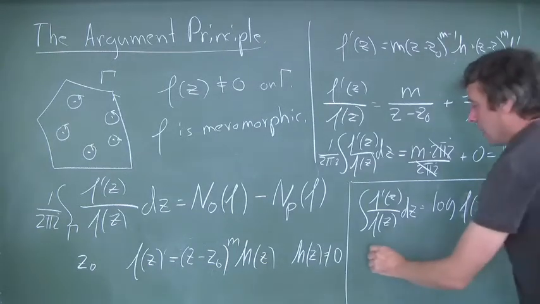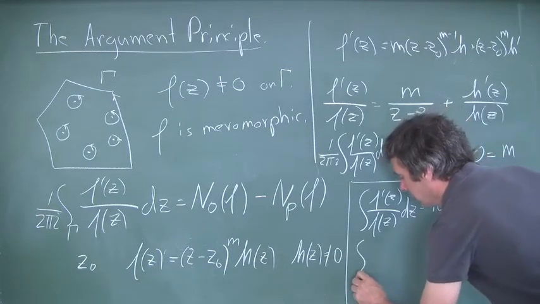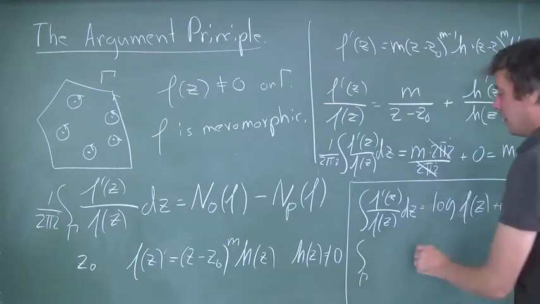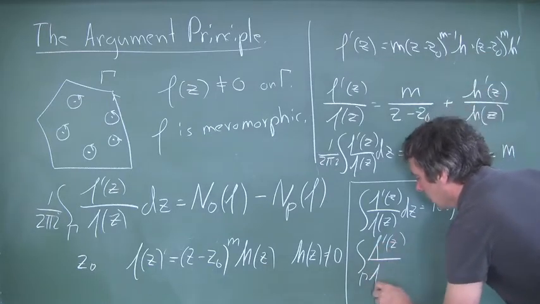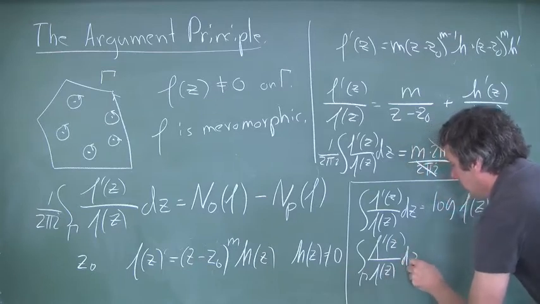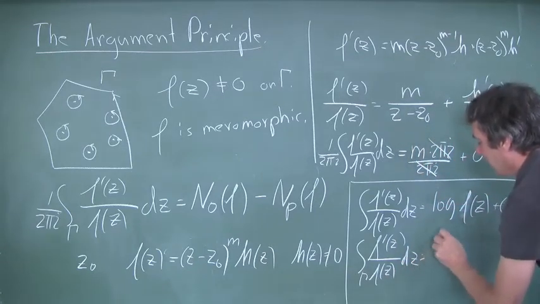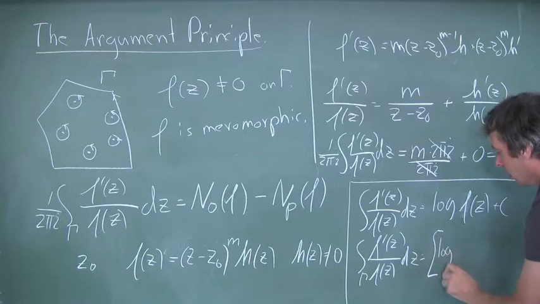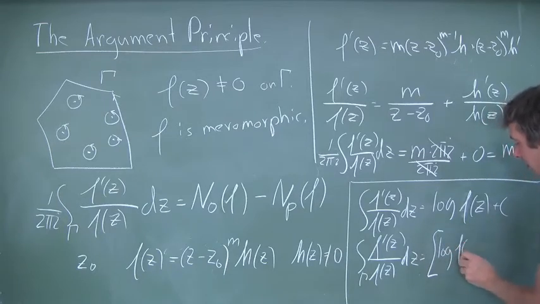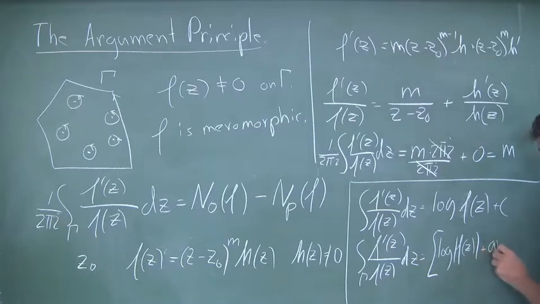So if you integrate this along some curve, gamma, then you will get, first of all, the real part of this, which is the logarithm of the absolute value of f of z, and then you get this argument of f of z here now.